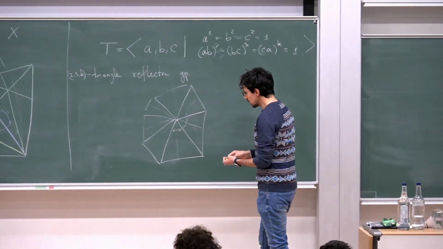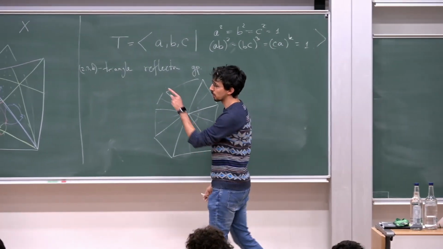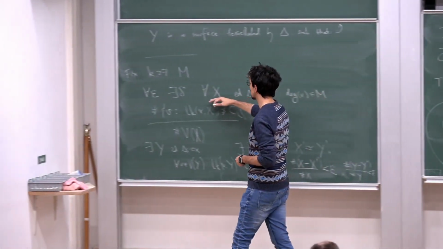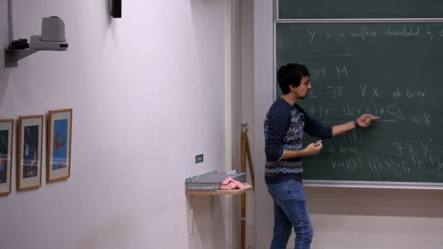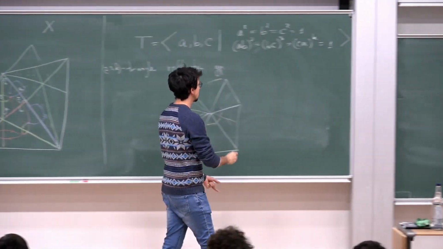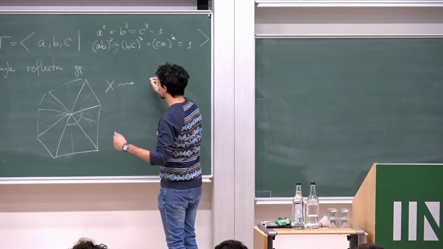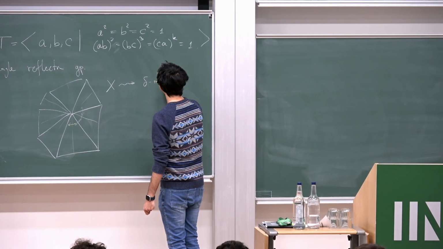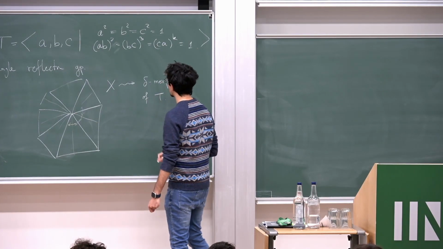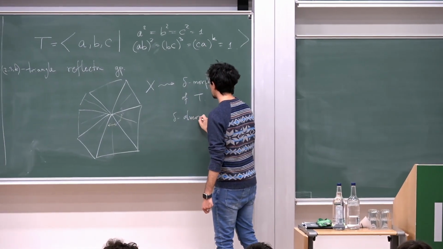Good. So the upshot of this is that if I'm given a test for my problem, such a complex X, where most of the links are good, then what I get from X is what we call a delta morphism of T, or delta almost action, maybe.